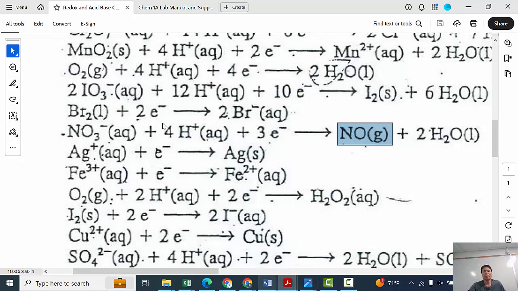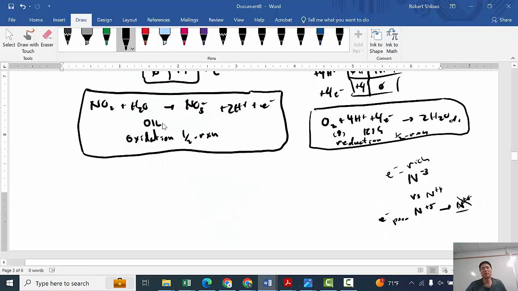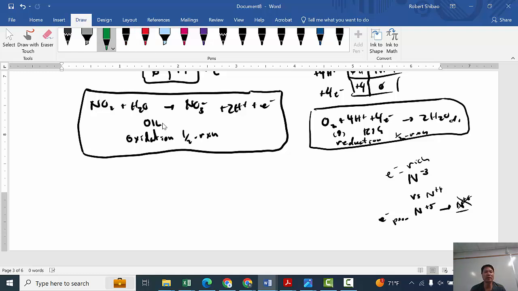The reason I'm bringing this up is because we need to combine these and find the driving force. Before I combine them, I'm going to look at the conjugate relationship. So NO2 and H2O, is that a reducer or an oxidizer? It's a reducer, and that means nitrate and H plus must be its conjugate oxidizer.